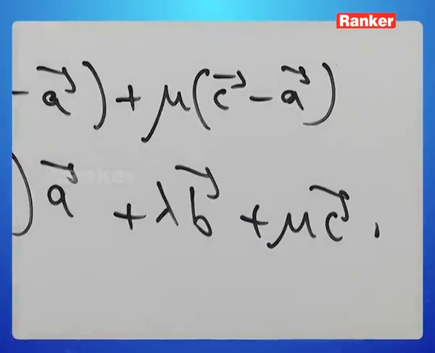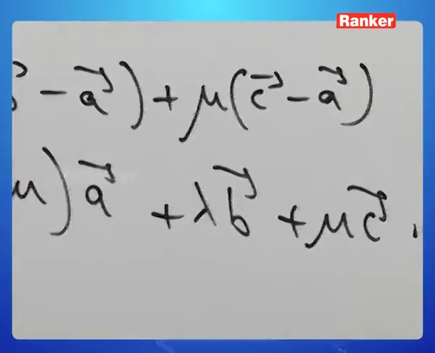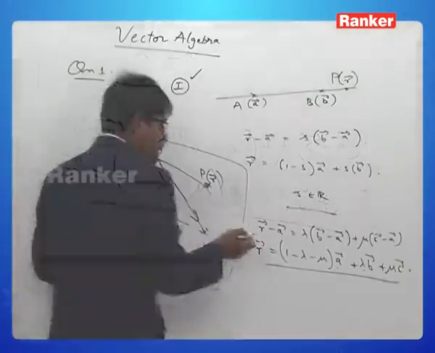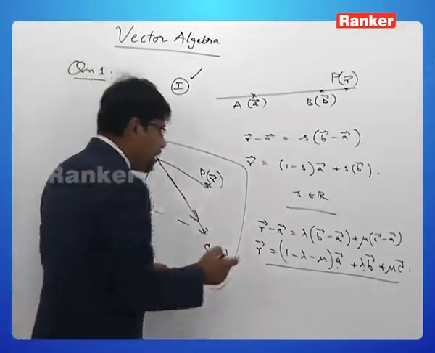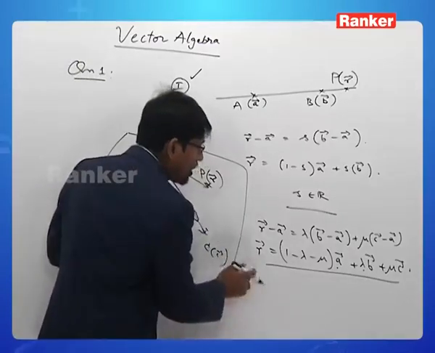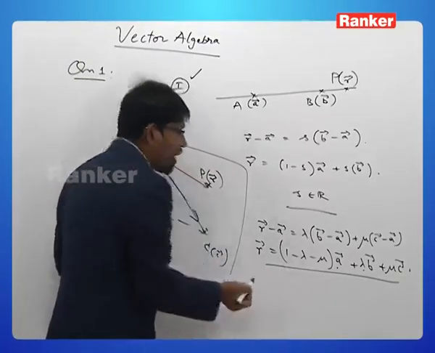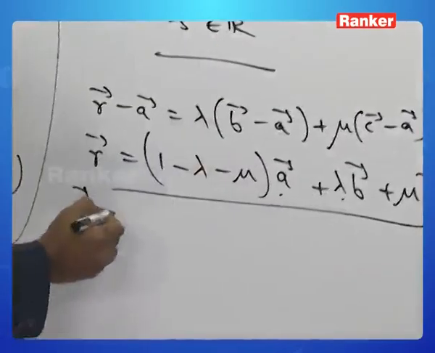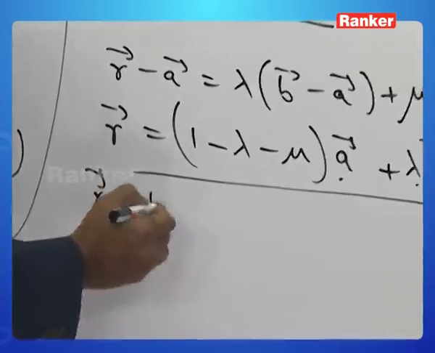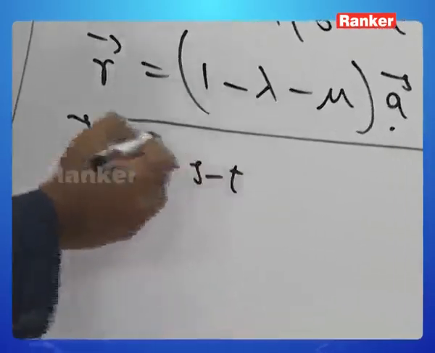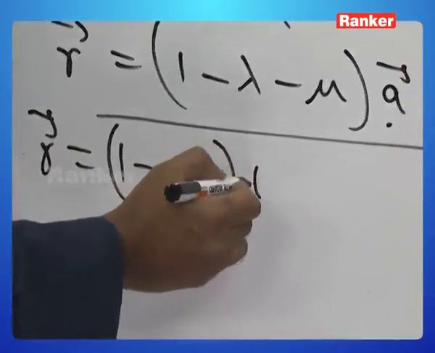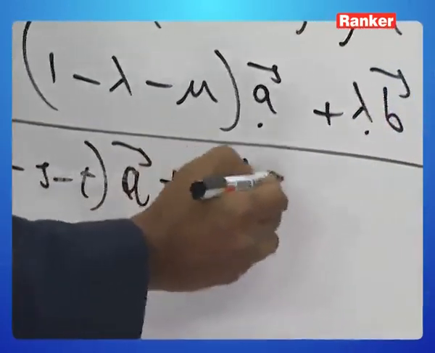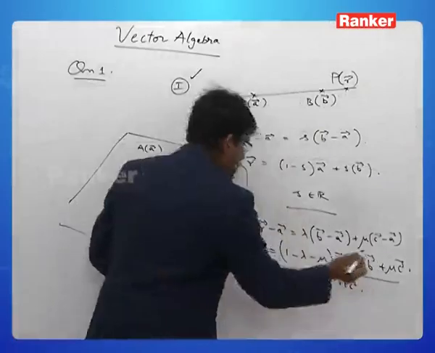In the options we are given S and T instead of lambda and mu, so we can replace lambda and mu with S and T. S and T being scalars, we can write (1 minus S minus T) times A bar plus S times B bar plus T times C bar.